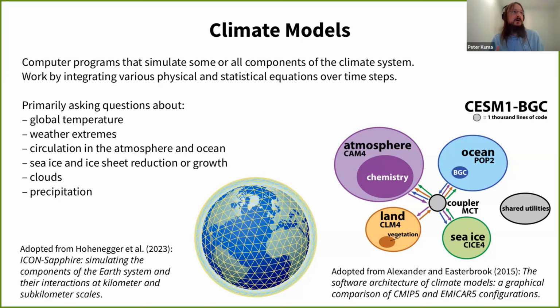And then what we want to know from climate models is how the temperature is going to change, what's the effect on weather extremes, how the circulation in the ocean is going to be affected by increasing temperatures, how the clouds are going to change, how much more rain or snow we're going to get or less, and so on. So we can ask all kinds of questions once we have these models.